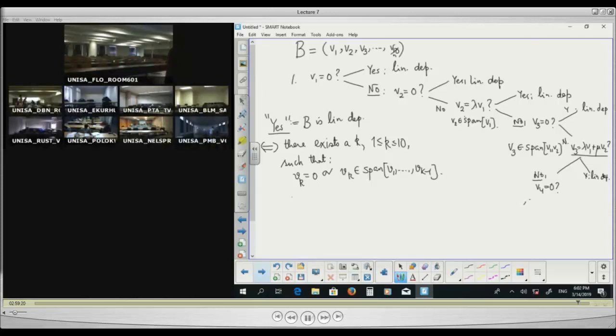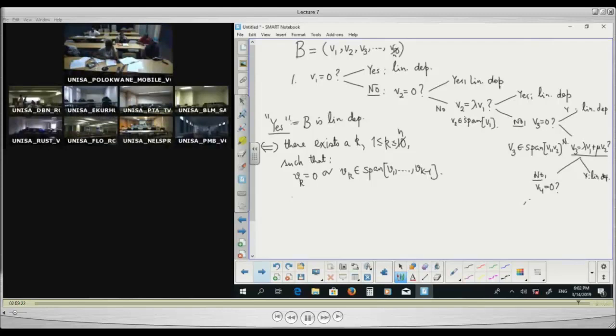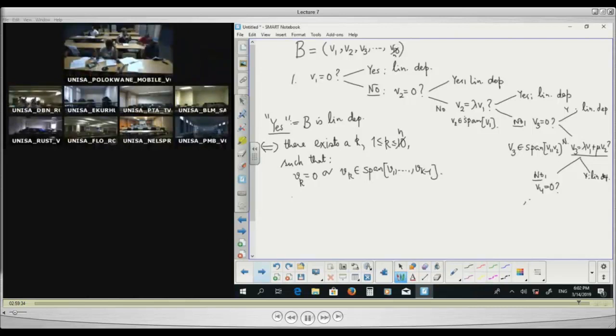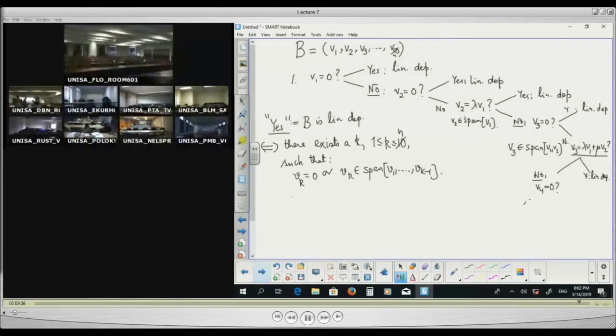Yes, sir. I want to know why it is specifically the preceding vectors? Like what happens if, for instance, V3 is a linear combination of V5 and V10? Good. So you are saying V3 is in the linear span of V5 and V10, right?